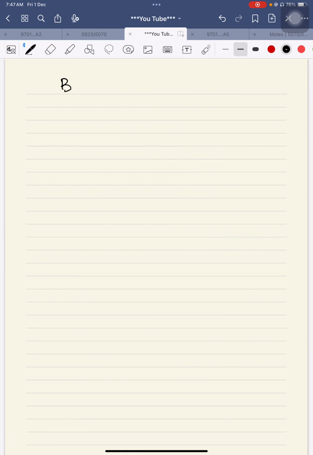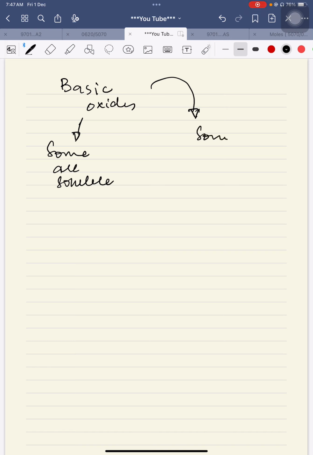Some of the basic oxides are soluble in water, whereas some are insoluble. The ones which are soluble combine with water and make an alkali.